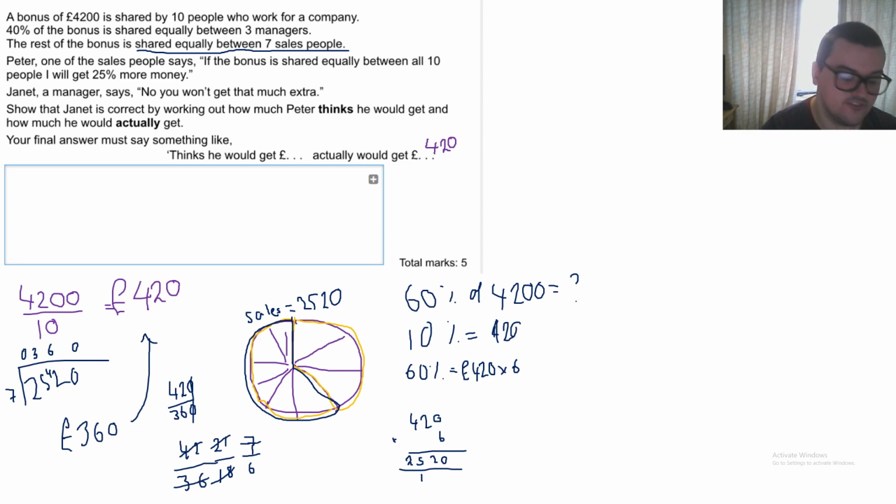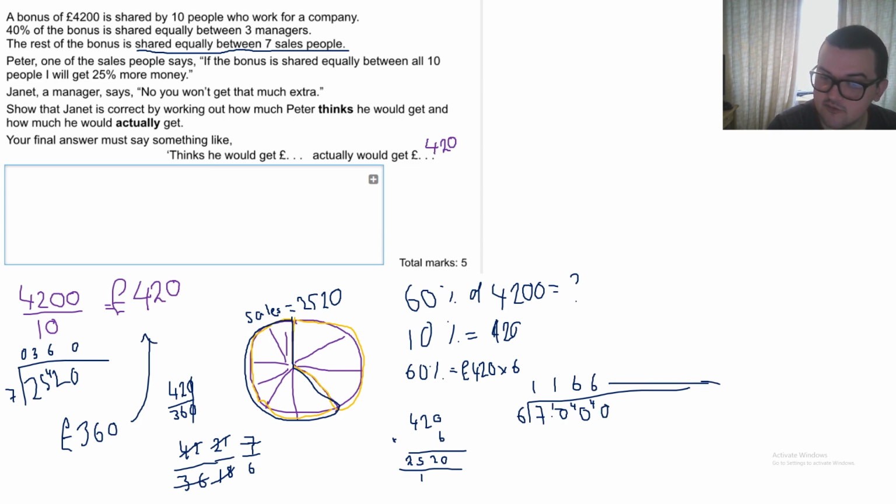We want to express this as a percentage. Firstly, let's convert it to a decimal. So 7 divided by 6. 6 into 7 is 1, remainder 1. 6 into 10 is 1, remainder 4. 6 into 40 is 6, remainder 4.